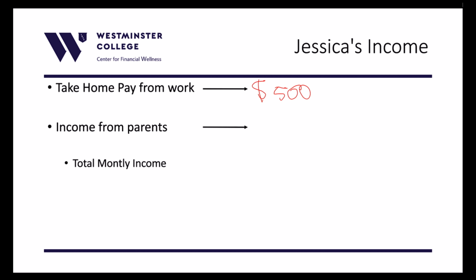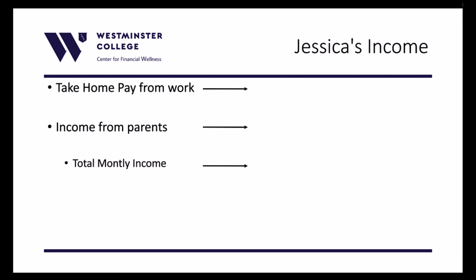Now, remember, she had $1,000 from her parents, and that's because her parents gifted her that money because she was going to pay for housing on campus. She's not on campus anymore, so she saves more money, but her parents continued to pay that even though she wasn't living on campus. So, no surprise here that her total monthly income that she has to mess around with is $1,500.